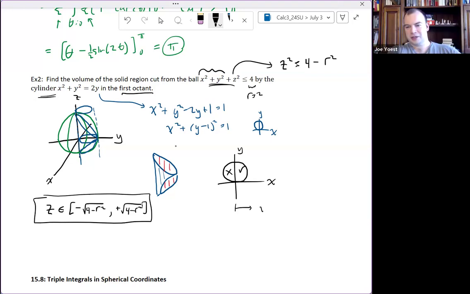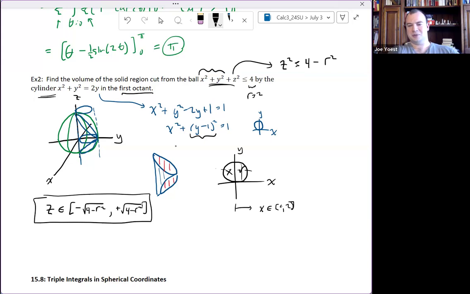Yeah, so x would be 0 to 2, and y would be whatever you would get from, it'd be something like 1 plus or minus square root of 1 minus x squared.